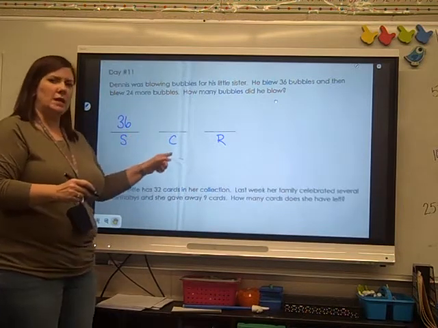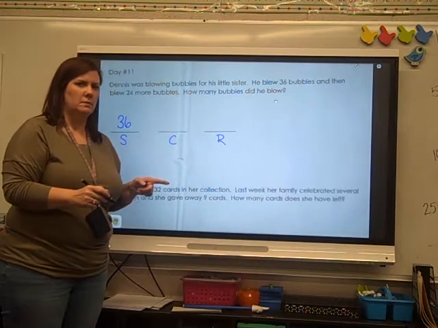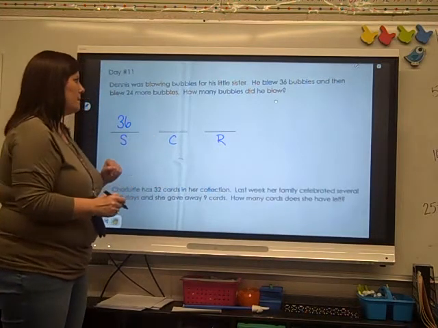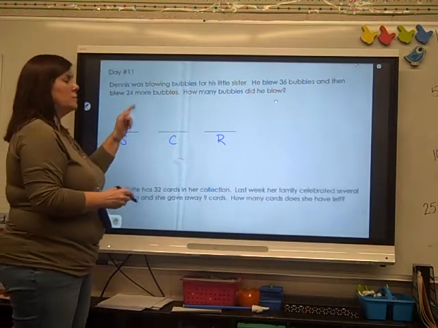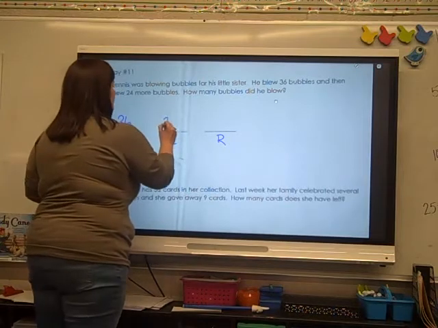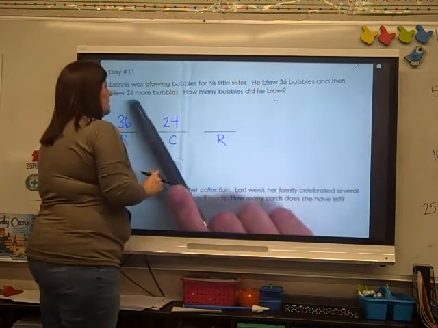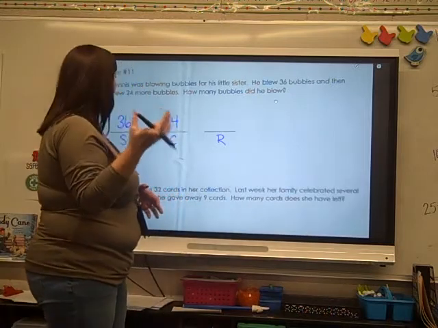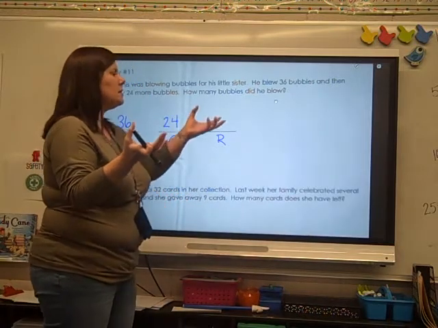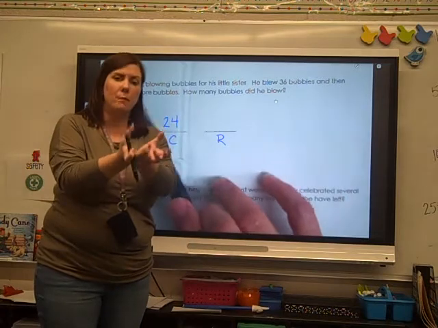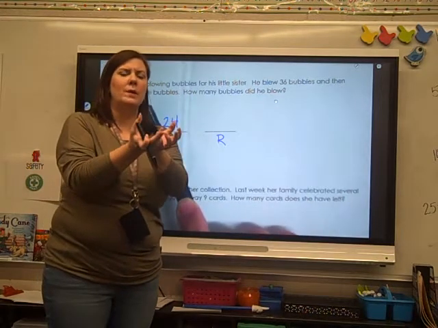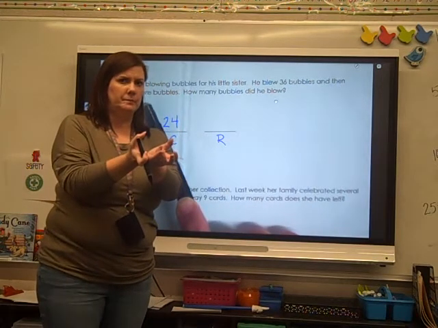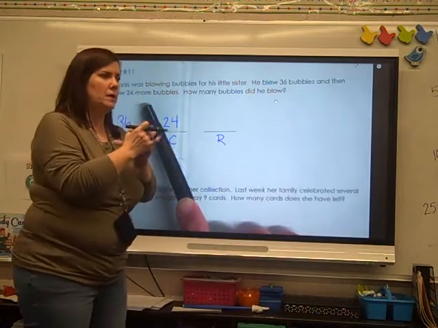What did it change by? If you know it, put it in there. Right, 24. So my question is, if he blew 36 and then he blew 24 more, are we adding or subtracting? Put it in there if you know.